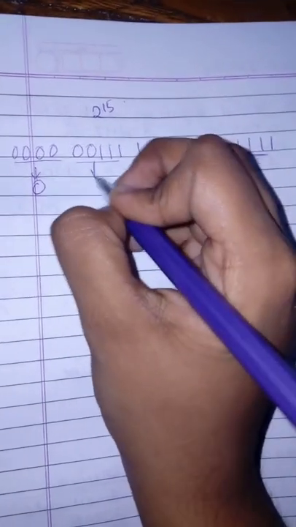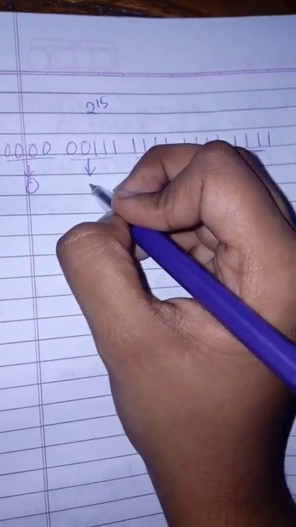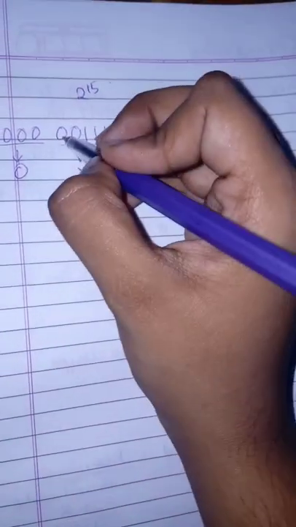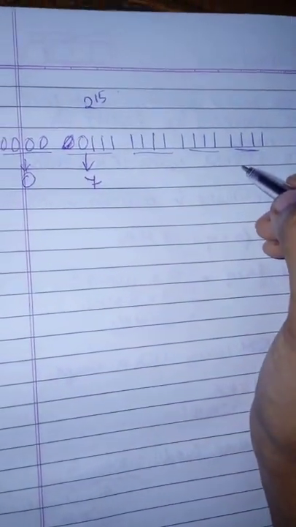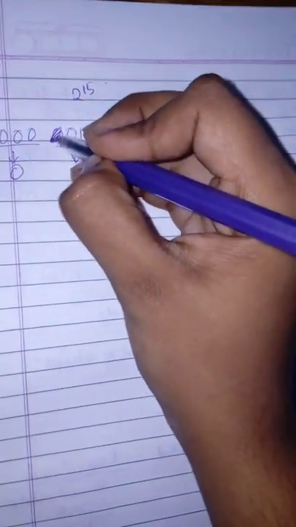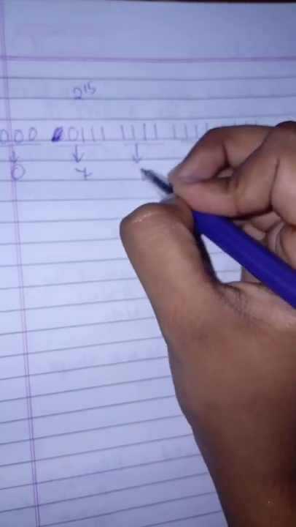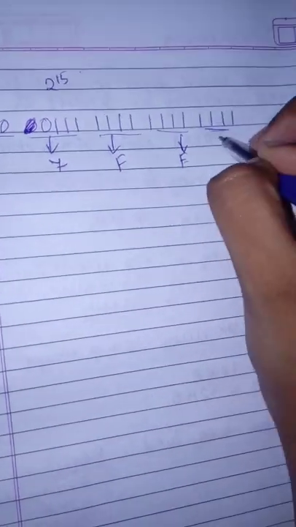So when we write it, it will be 0, this will be 7, this will be F, this will be F, and this will be F.